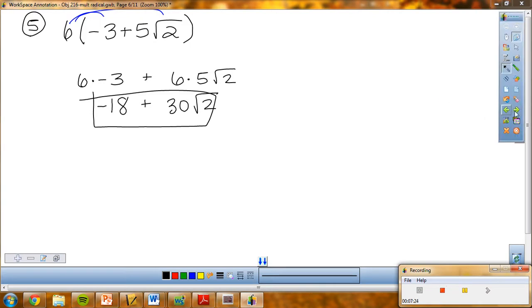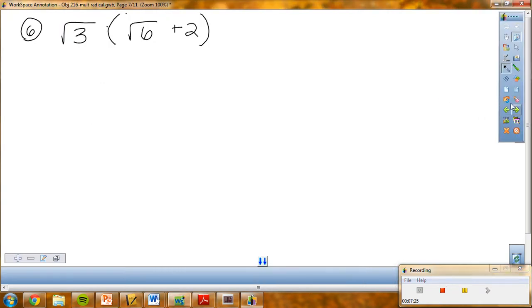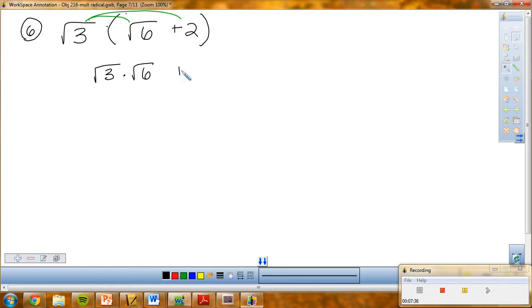Okay, so another example where we are distributing a radical to a binomial, which is 2 terms, is going to be very similar. It's just like regular distribution, but it's slightly different because now we're distributing a radical. So here we have our 2 rainbows, and again I want to multiply the square root of 3 times the square root of 6 plus the square root of 3 times 2.